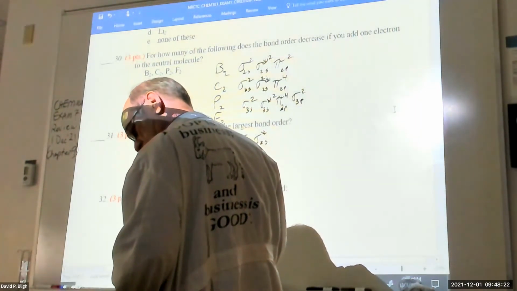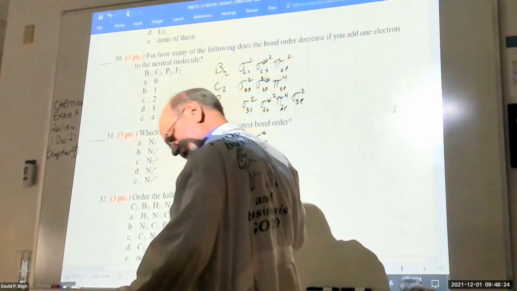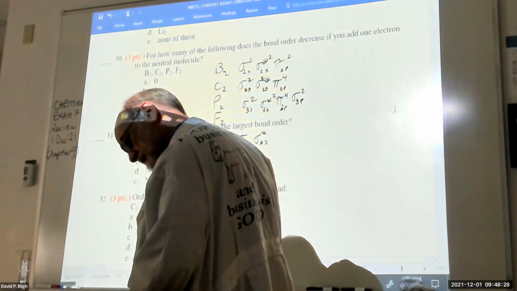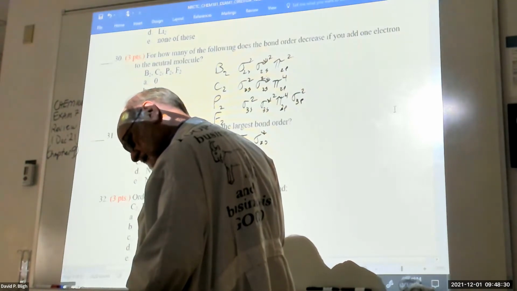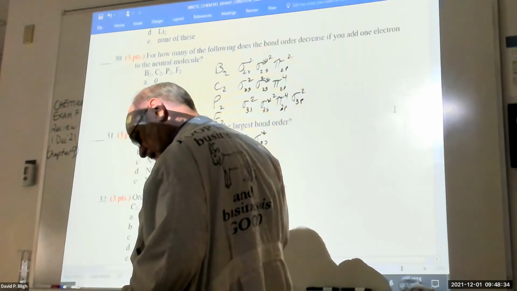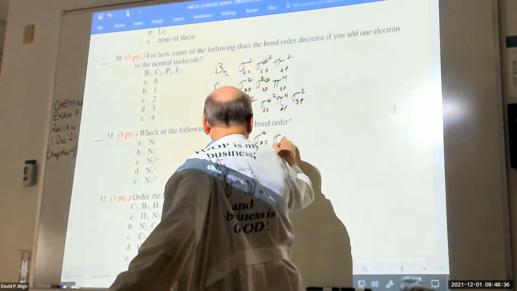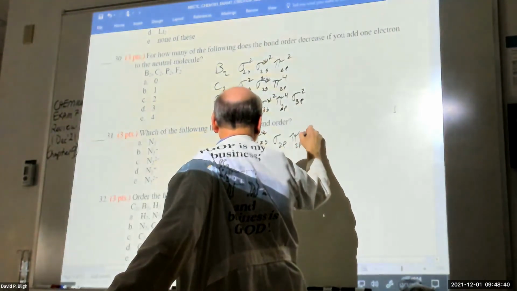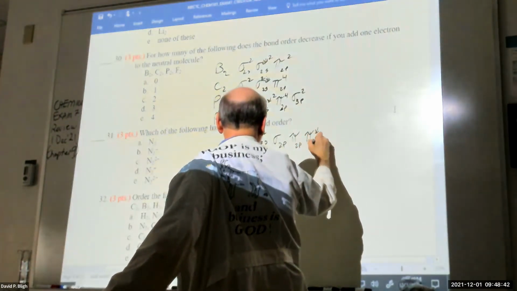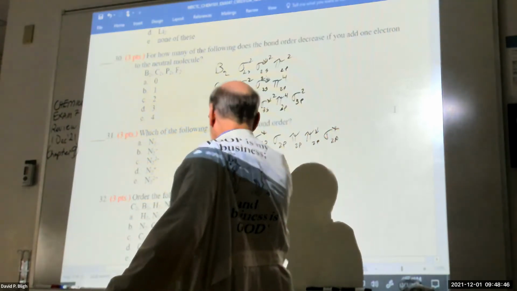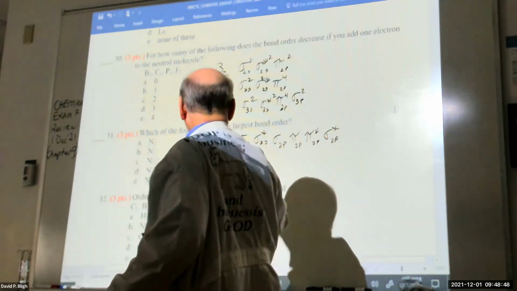And hold on a second. Sigma 2p, pi 2p, and pi star 2p, and sigma star 2p. And fluorine has 7 each, so that's 14.